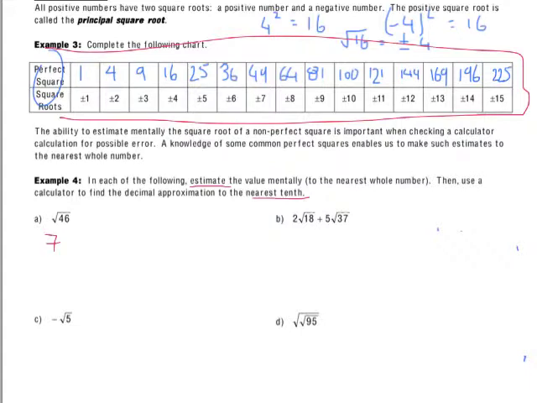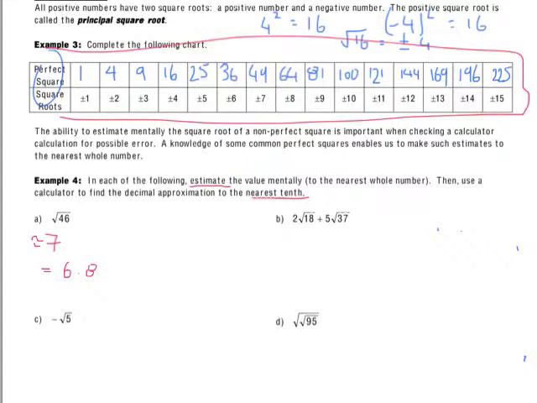But when I put that into the calculator, I go square root of 46 gives me 6.78, and I'll just round that up to 6.8. So the answer is 6.8. The approximate answer, and I'll do a little squiggly equal sign, is 7.